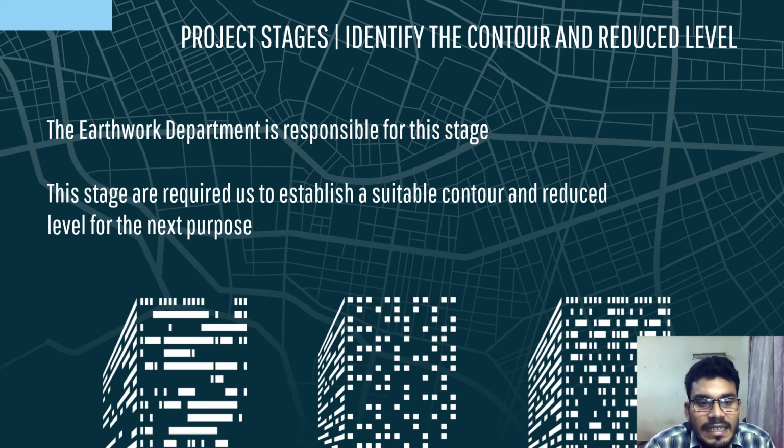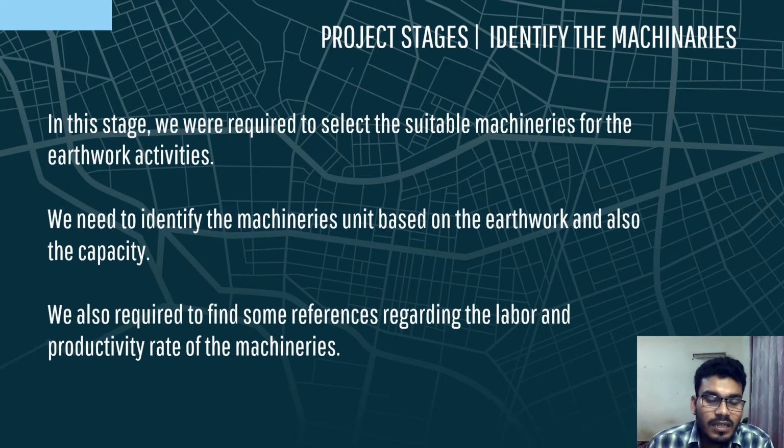In the project stages, the first is to identify the contour and reduced level. The earthwork department is responsible for this stage, which is required to estimate a suitable contour and reduced level for the next purpose. The second project stage is to identify the machineries.